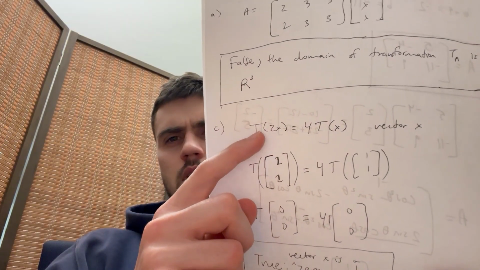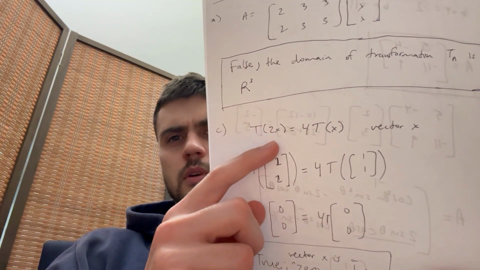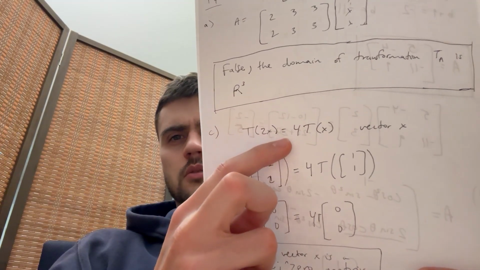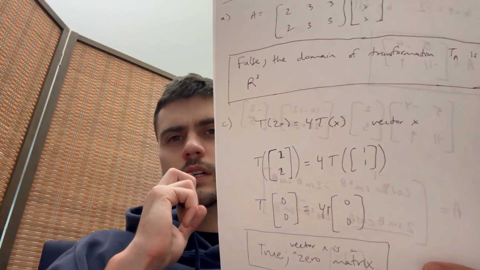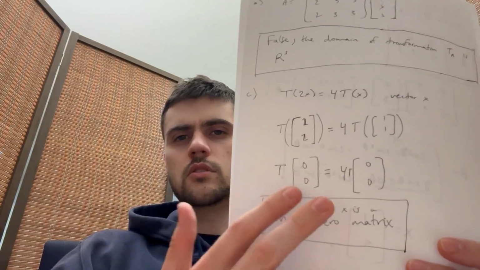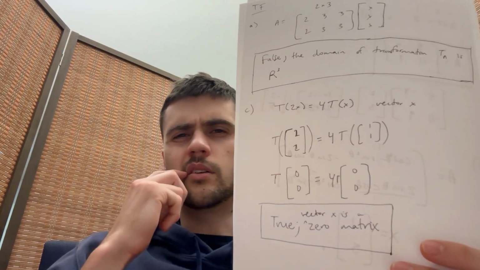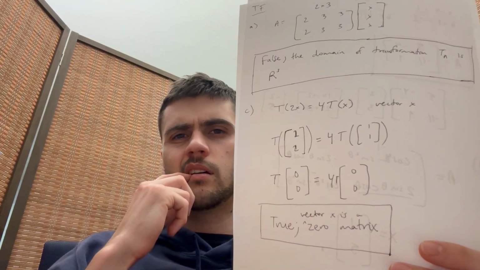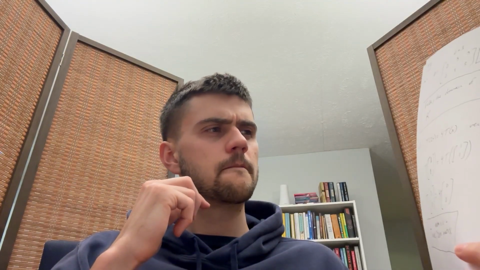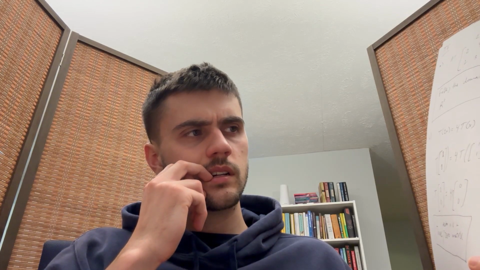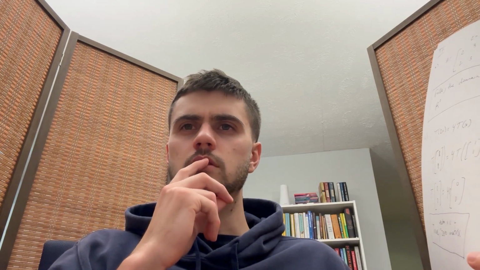Then C, is there a matrix transformation for which the transformation of 2x equals 4 times the transformation of x? I said yes, because I think you can just plug in zeros, right? Zero vectors. Oh no, what was the question? Either way, I think you can use all zeros.